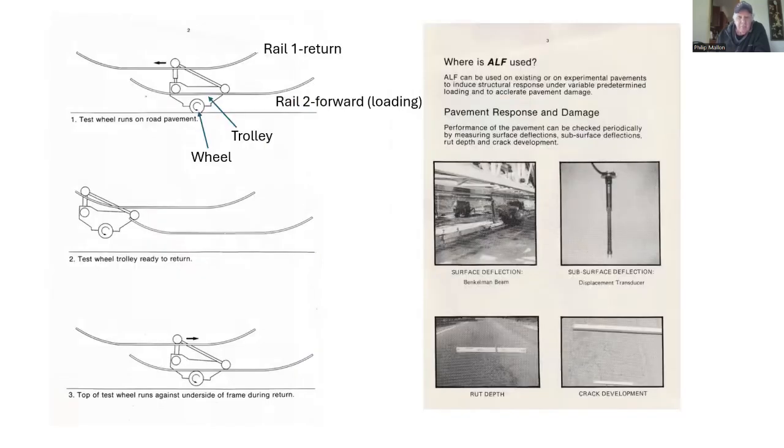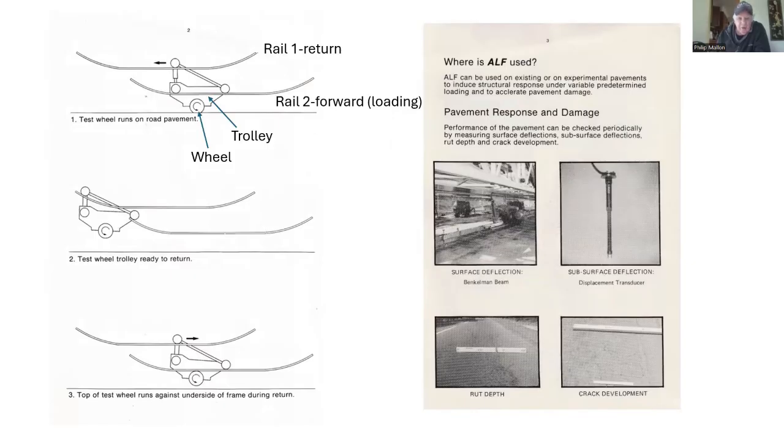How it operates, well, the two rails on the longitudinal direction allowed for a forward loading, so the wheel was in contact with the pavement when it was in the forward direction.